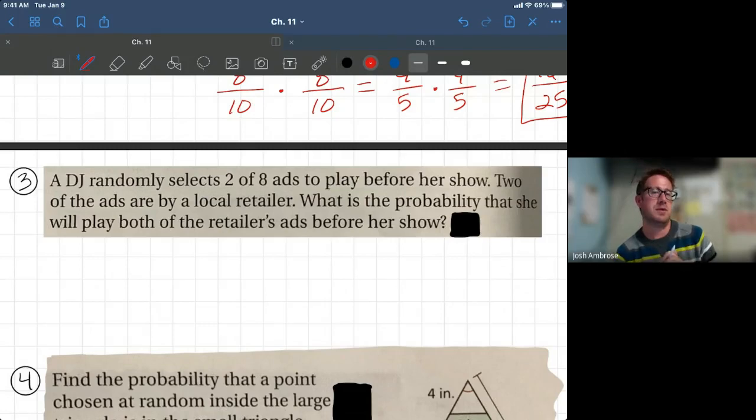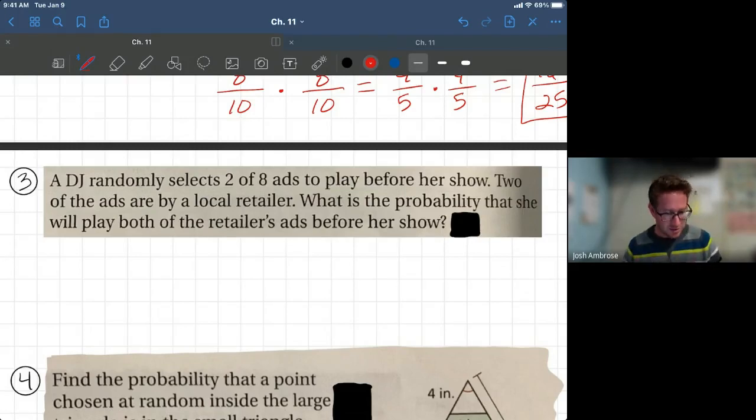What is the probability that she will play both of the retailer's ads before her show? There's a total of 8 ads that this DJ can pick from. 2 of these ads are from the same local retailer. What is the probability that she randomly selects those 2 ads to play before the show from that total of 8?